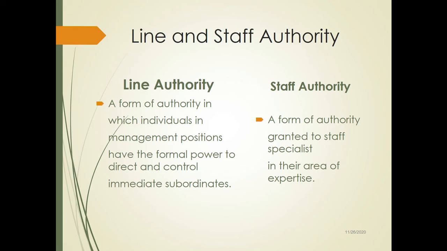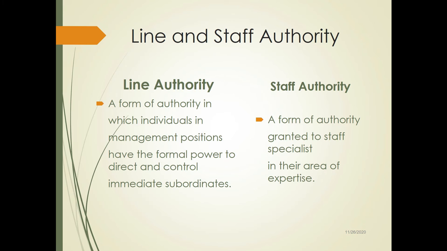Okay, now let's talk about line and staff authority. Line authority is a form of authority in which individuals in management positions have the formal power to direct and control immediate subordinates. Staff authority is a form of authority granted to staff specialists in their area of expertise.